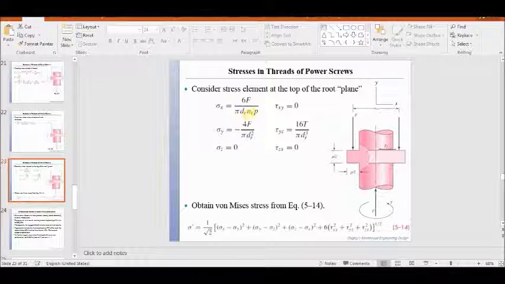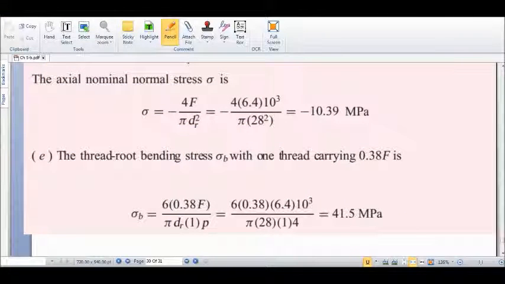The parameter nt is the number of threads engaged with the nut. In this case, because we want to find it for the first thread only, that's why we substitute 1 here.